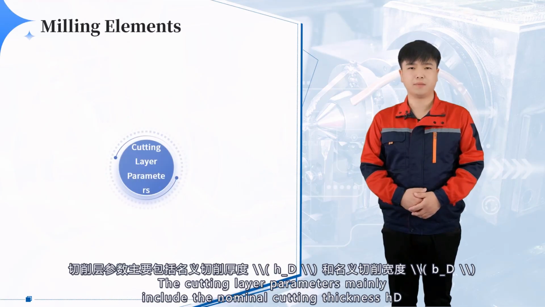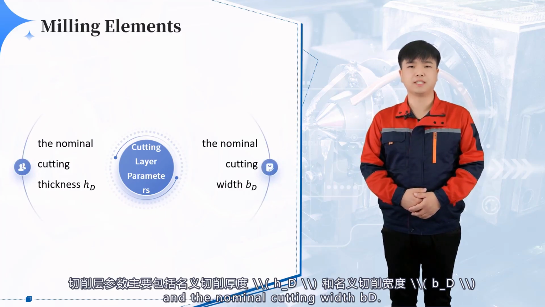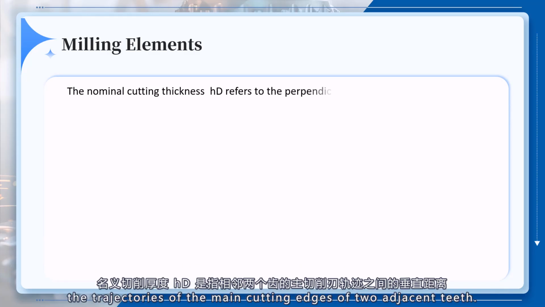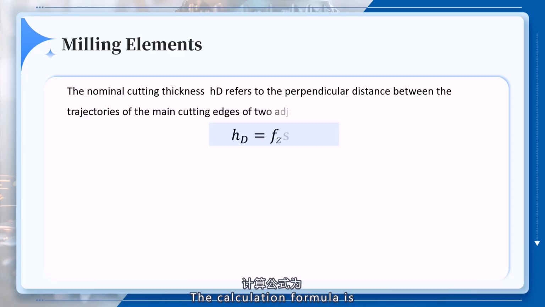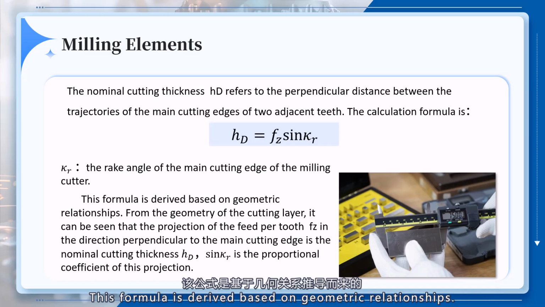The cutting layer parameters mainly include the nominal cutting thickness hD and the nominal cutting width bD. The nominal cutting thickness hD refers to the perpendicular distance between the trajectories of the main cutting edges of two adjacent teeth. The calculation formula is hD = Fz × sin Kr, where Kr is the principal cutting edge angle of the milling cutter.